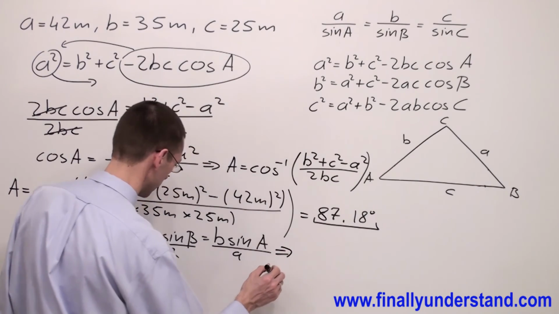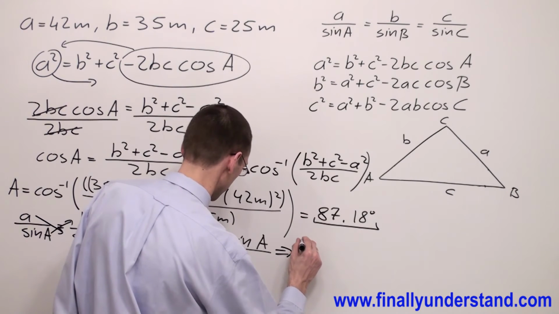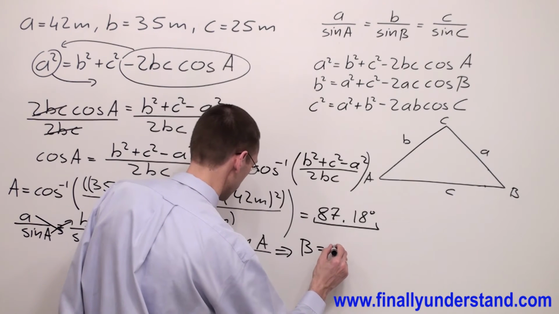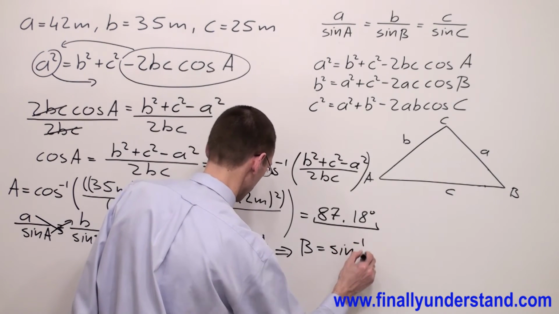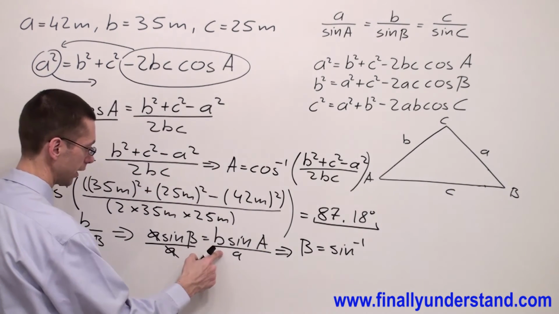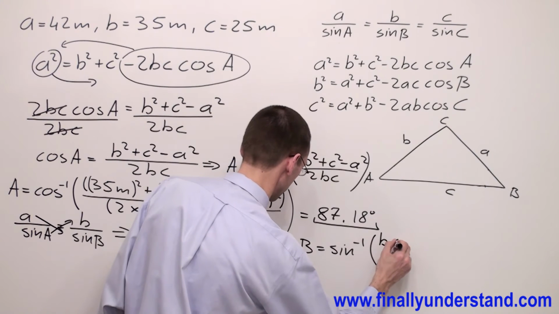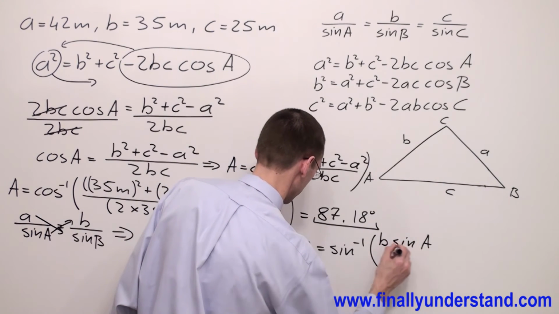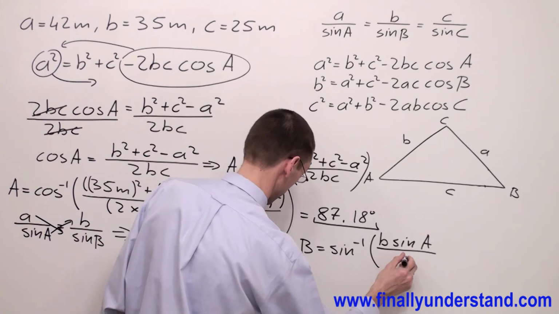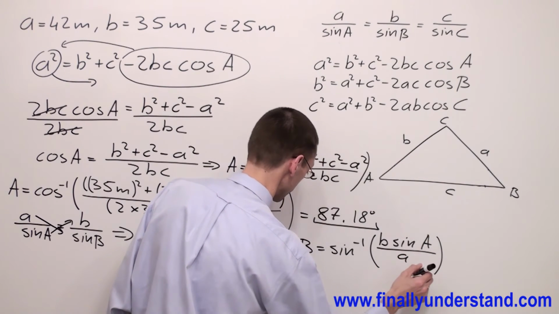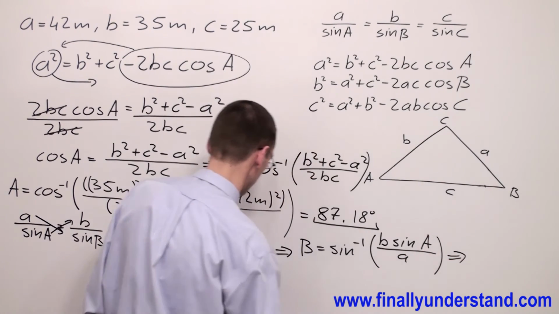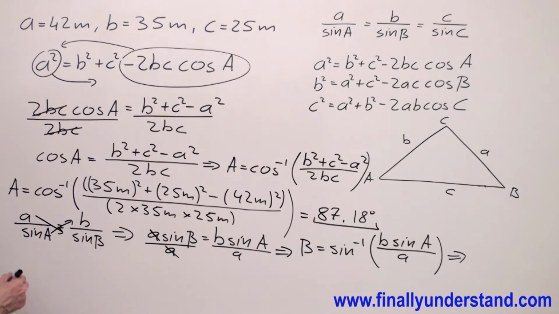Okay, so we are going to have angle B is equal inverse sine, and I have side B sine of angle A over side A. Okay, so we are going to have angle B equals, next we're supposed to copy down inverse sine, and we will have B.